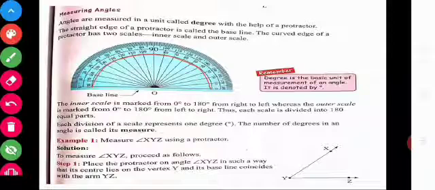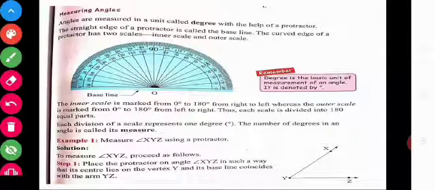The outer scale is marked from 0 degree to 180 degree from left to right. Thus, each scale is divided into 180 equal parts. Each division of a scale represents 1 degree. The number of degrees in an angle is called its measure.